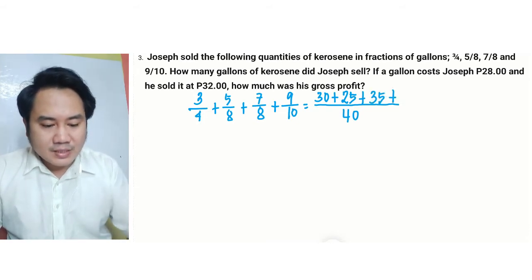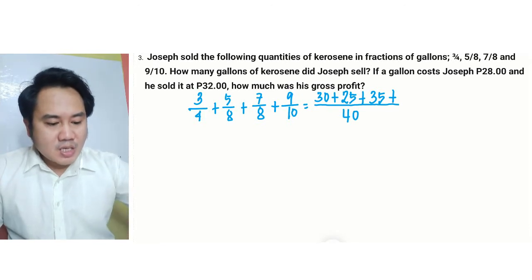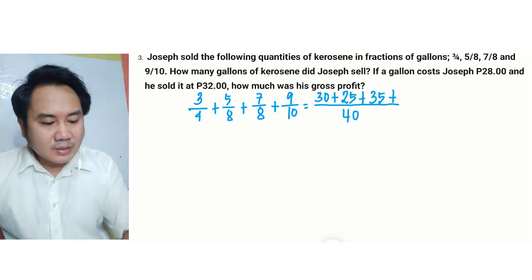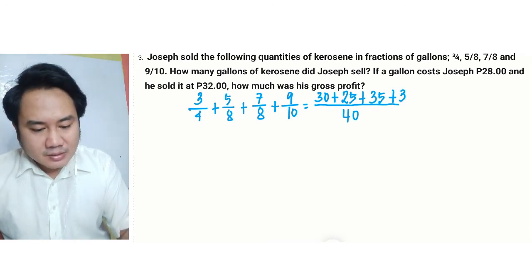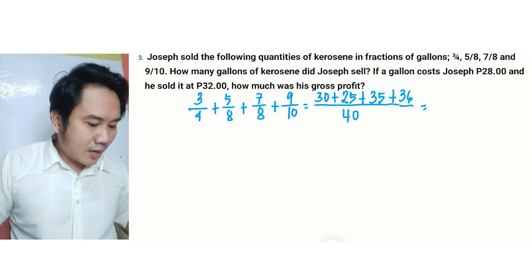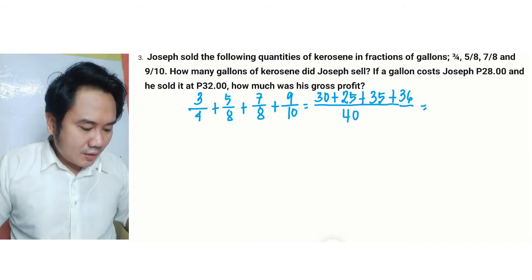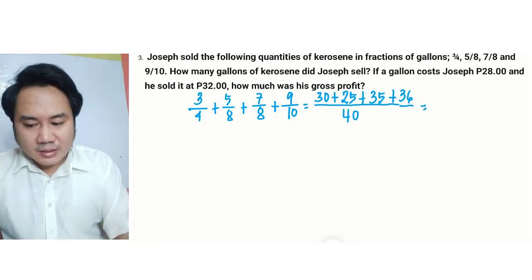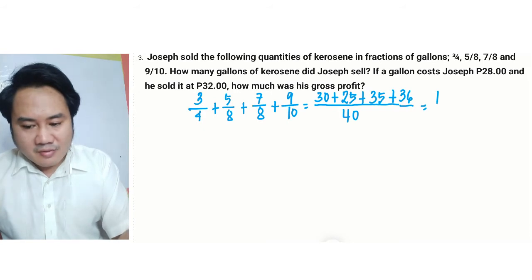Plus 40 divided by 10 is 4 times 9 is 36. And then we are going to add the following: 30 plus 25 plus 35 plus 36. The result is 126 over 40.